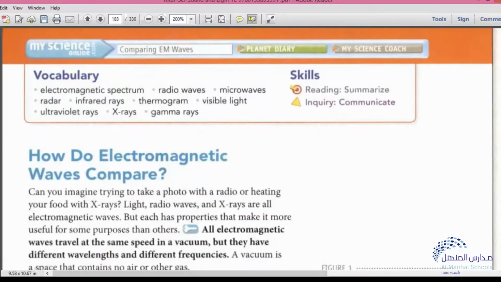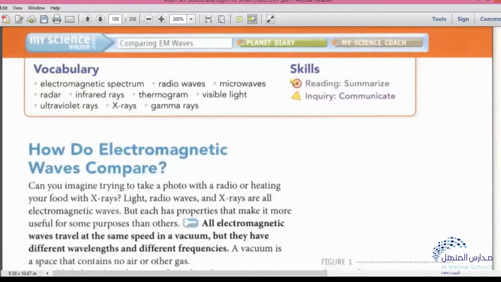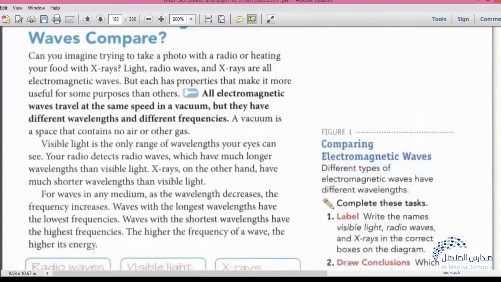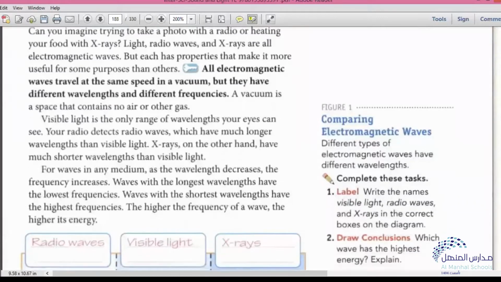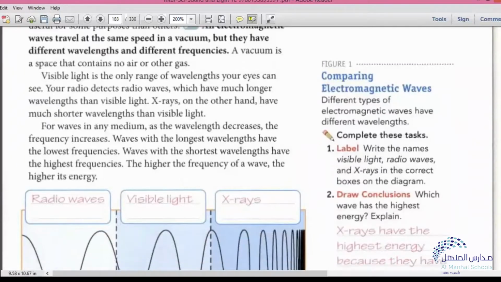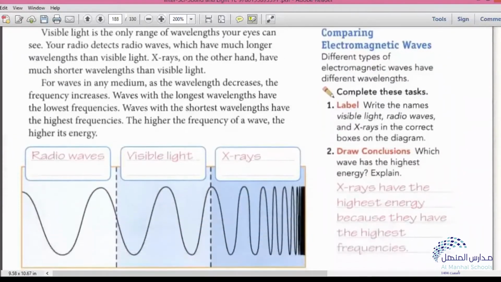73. How do electromagnetic waves compare? How can we arrange or compare them? They have the same speed, which is the speed of light, but they are different in two things: the wavelength and the frequency. When we arrange them from left to right, the frequency increases and the wavelength decreases.